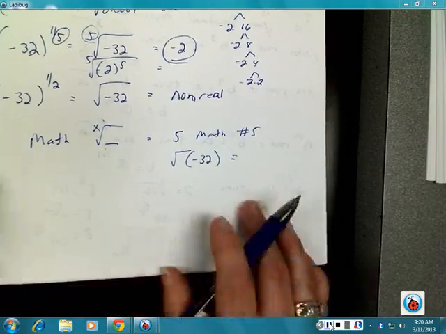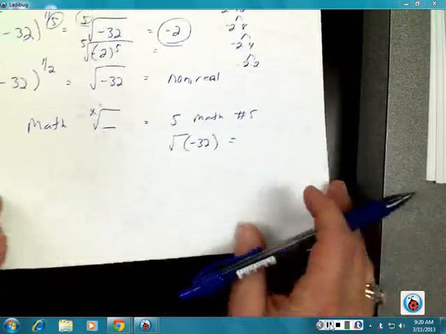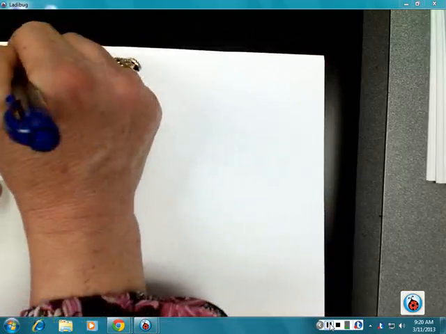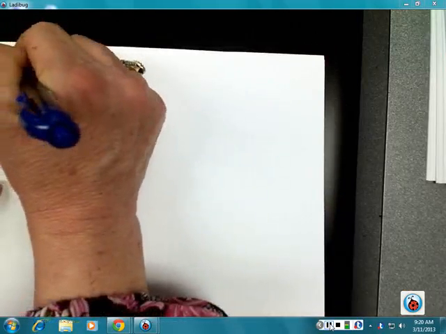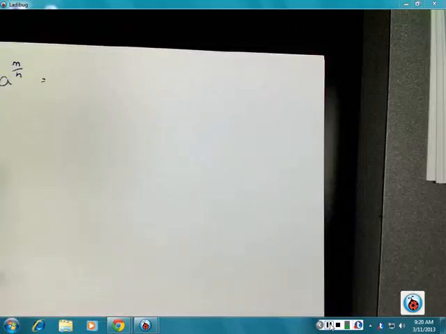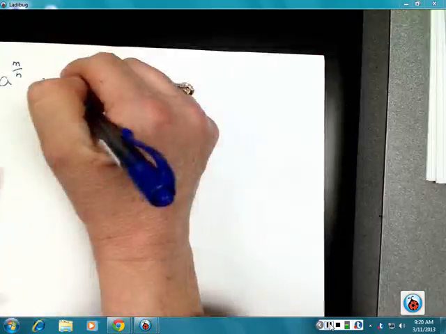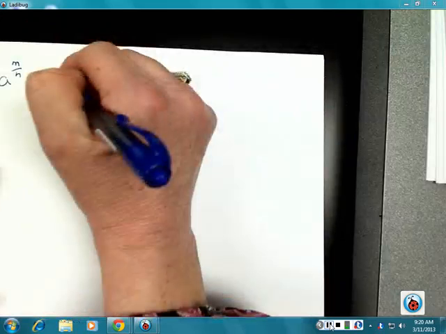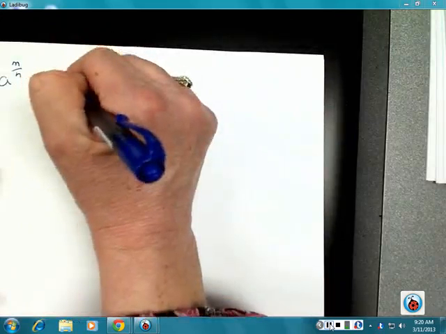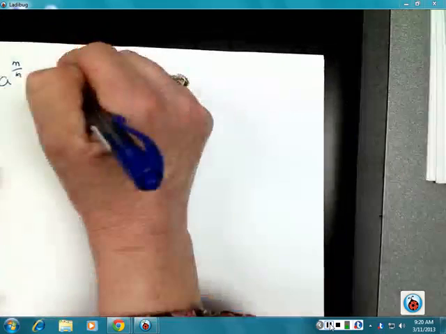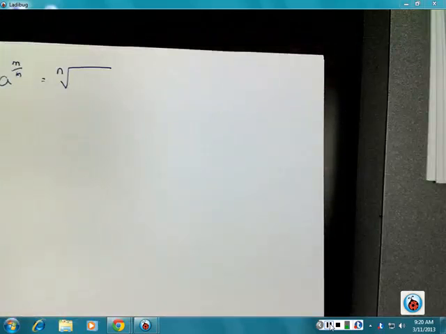All right. Now, the other piece that they add to this is they will take a number and they will say a to the m over n power. What does this mean? Well, if you are going to write this back into a radical notation, your n is your index.